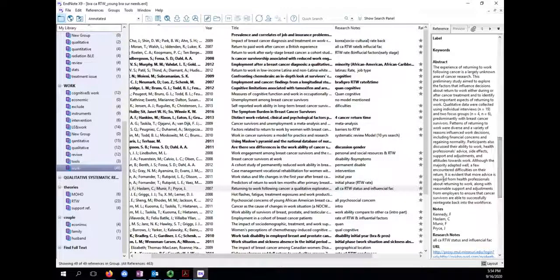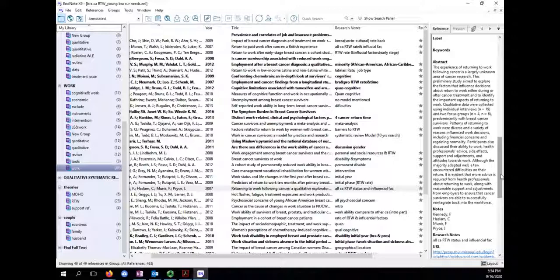However, the outcomes may be different. So you could come up with a gap, that is to identify and synthesize the factors that affect women's return to work after breast cancer treatment.